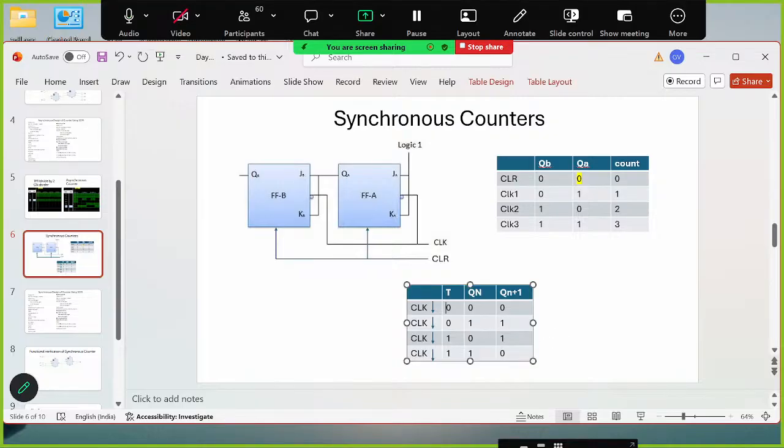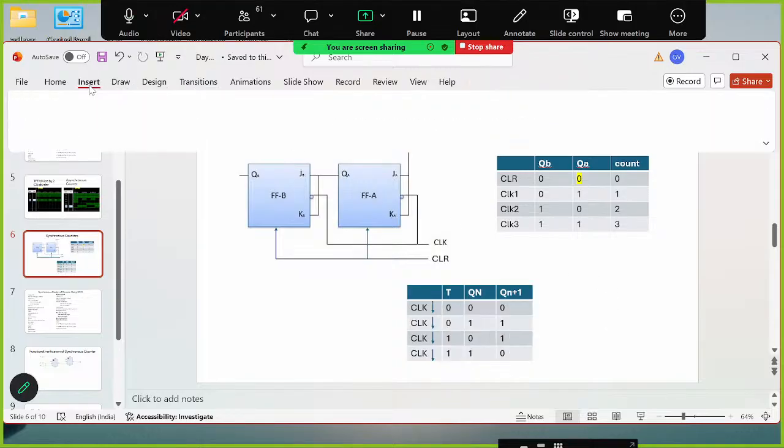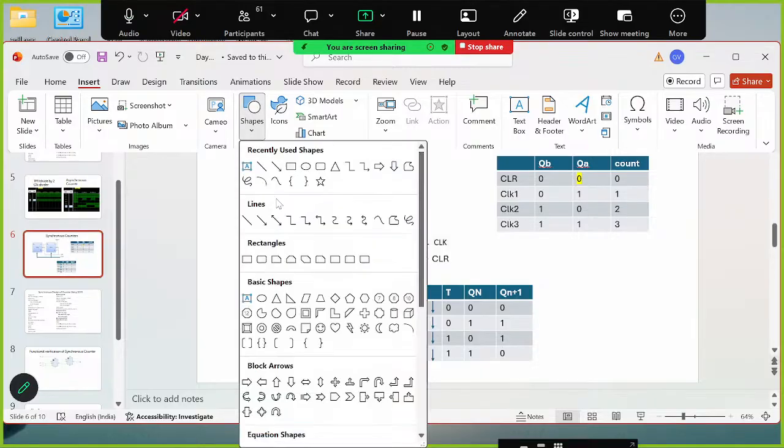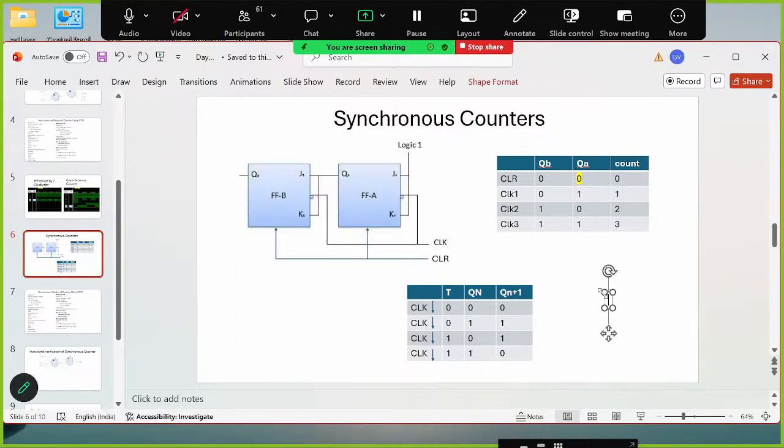But if we see closely, watch this, it resembles the truth table of an XOR gate also. These concepts you may have learned in your digital electronics. I'm just revisiting them so as to get the final output.